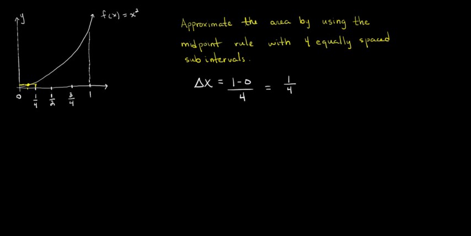And then if I keep doing this, I'm going to look in between 1/4 and 1/2, so about right here, and I will have my point about right there, and from there I'll sketch my rectangle. Let me make this little line just to show that I'm going straight up.